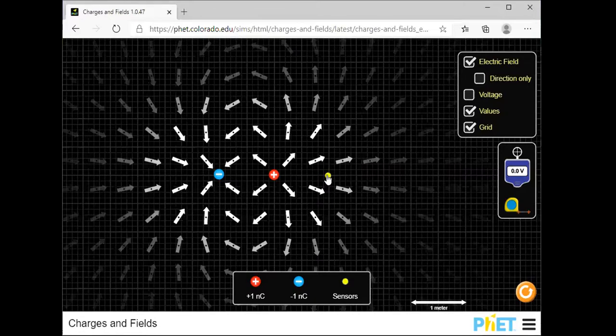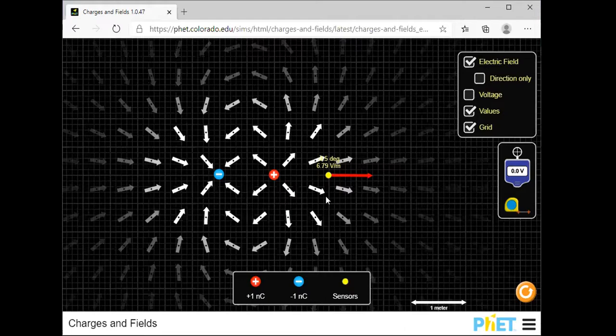I predict I should have an electric field line going to the right, and I didn't line it up perfectly, but there you are. It's not as long as it would be if it was just a positive charge by itself. But overall, that's what I would expect for a location to the right of this dipole. So it's exactly what I wrote on the board.